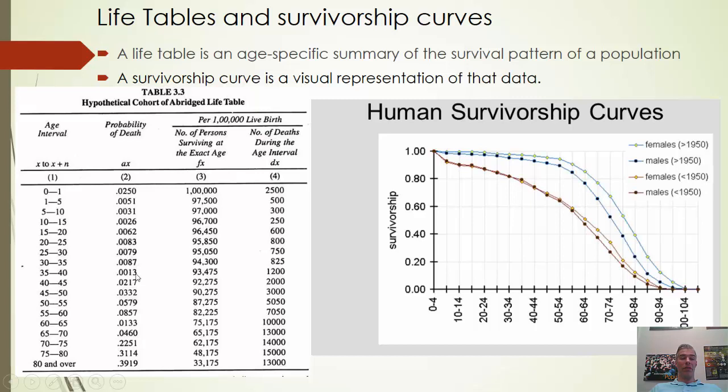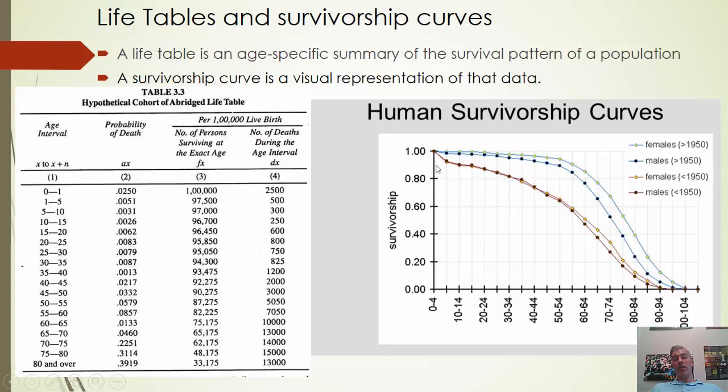Interestingly enough, between 35 and 40 has the lowest. And then you have a steady increase, except between 60 and 65 in this particular population. But when you get to 75 and 80, and 80 and over, you have a much higher rate of death during those periods. And that kind of makes sense.